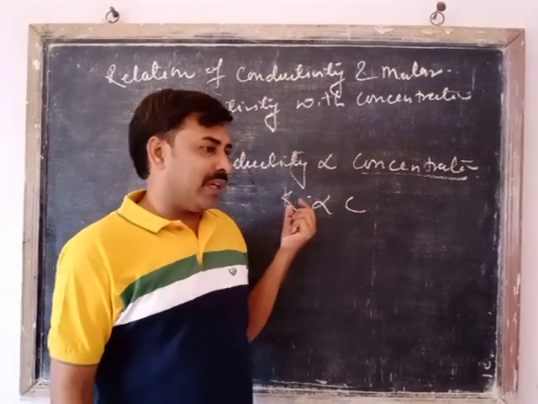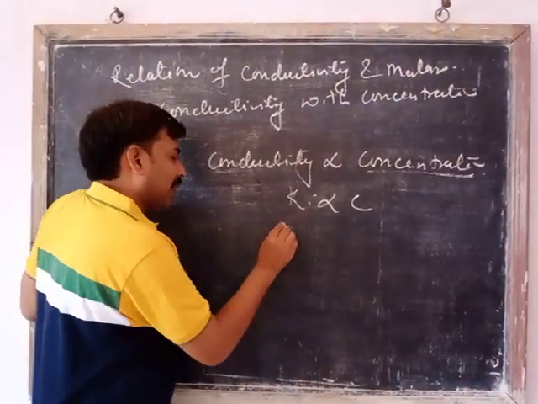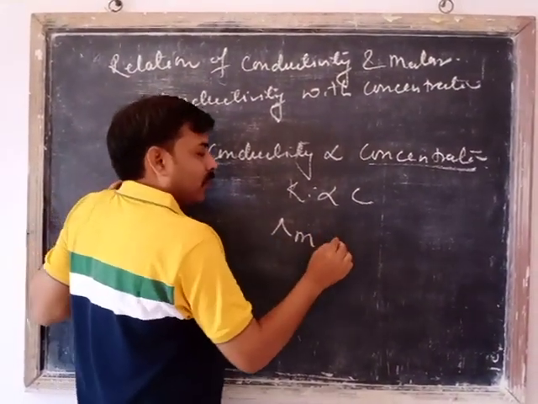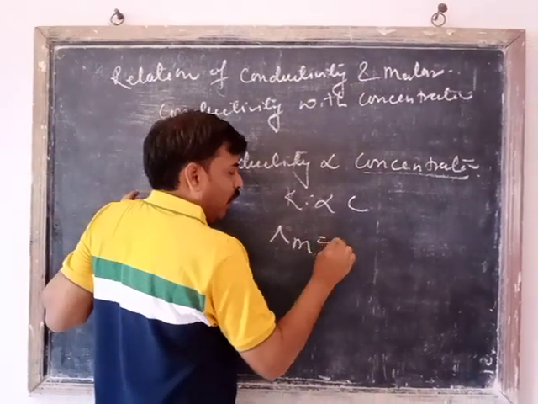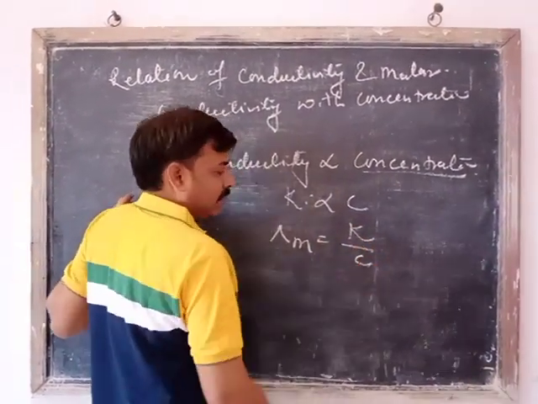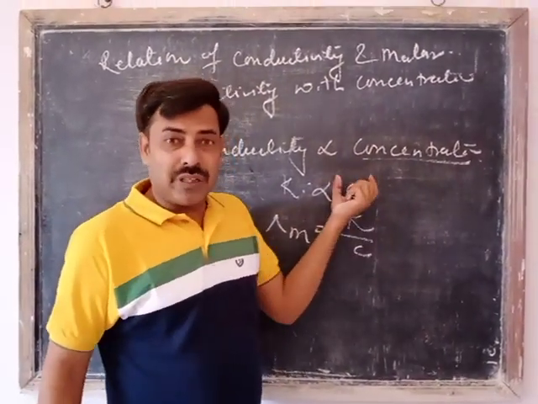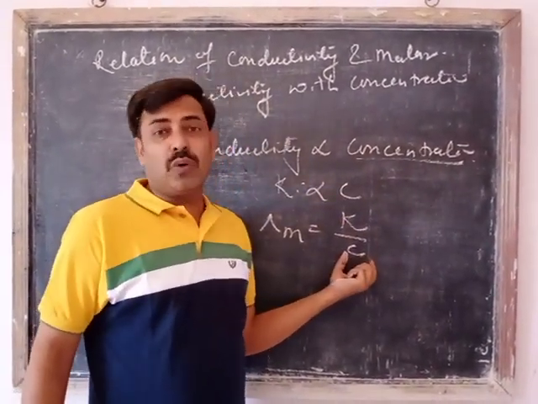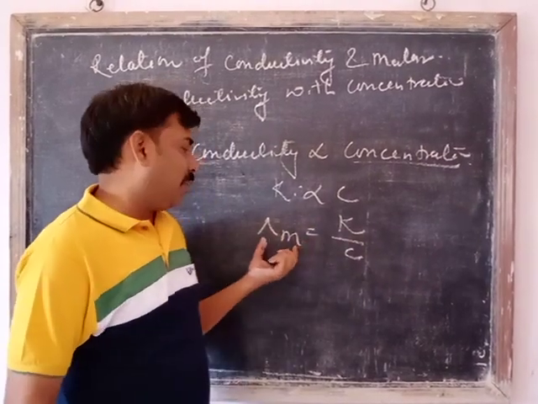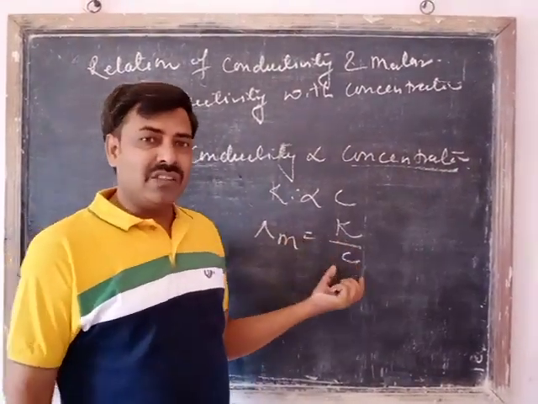For molar conductivity, we have the relation lambda m equals kappa by C. When you increase the concentration, the value of kappa increases and the value of C also increases. So you can't say that lambda m will increase with the increase of concentration.